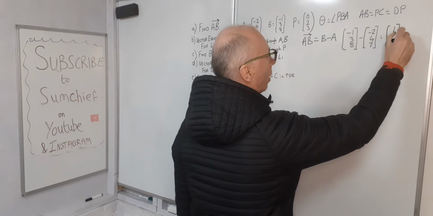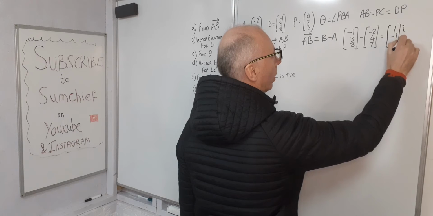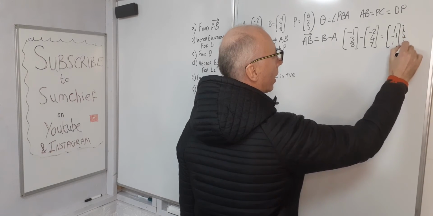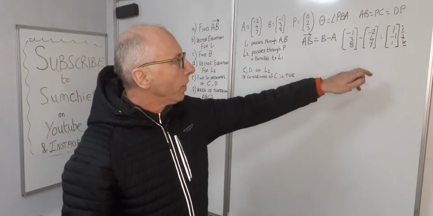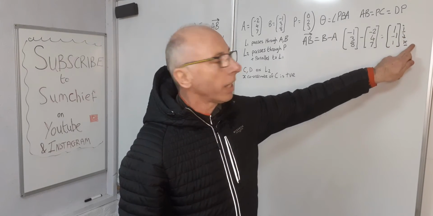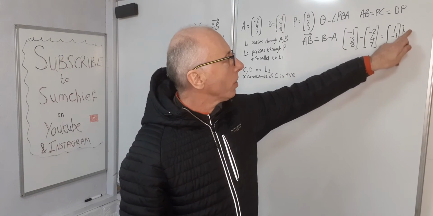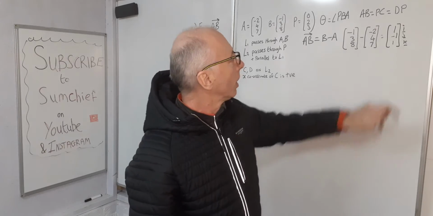So then that gives us our I, our J and our K. When you're doing vectors, for your I, J and K position vectors, you need to underline them.